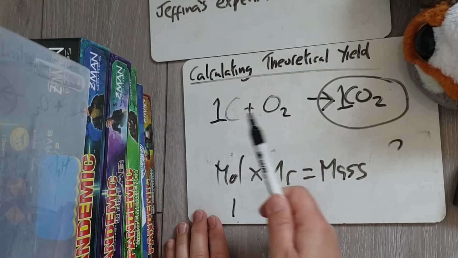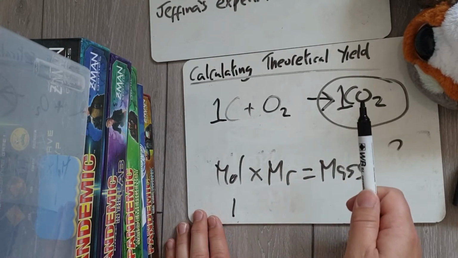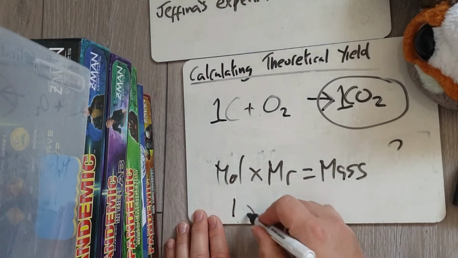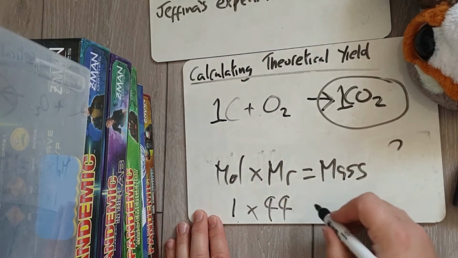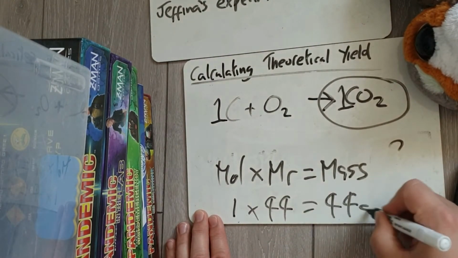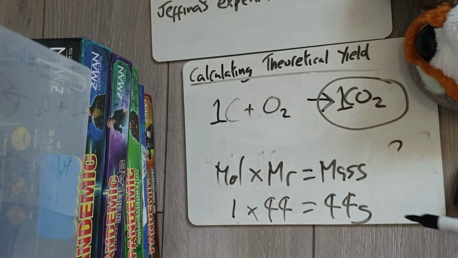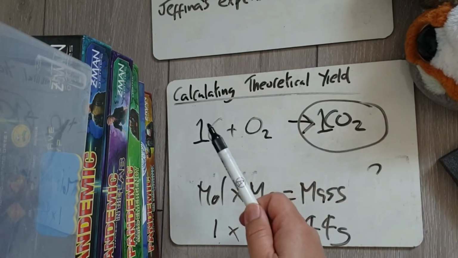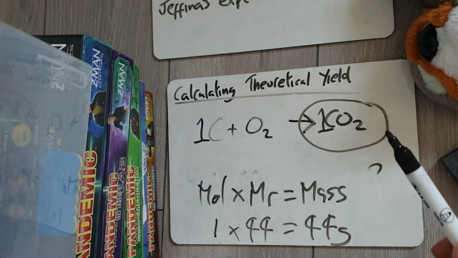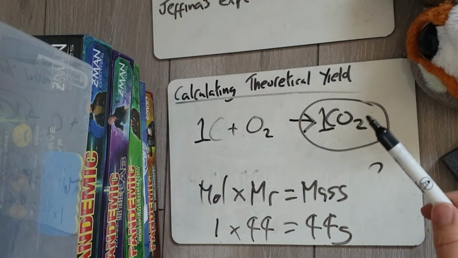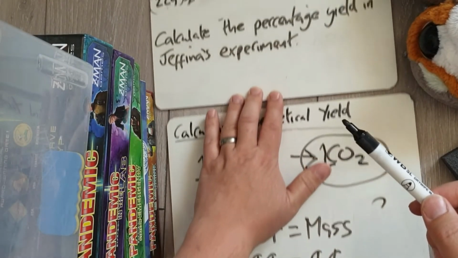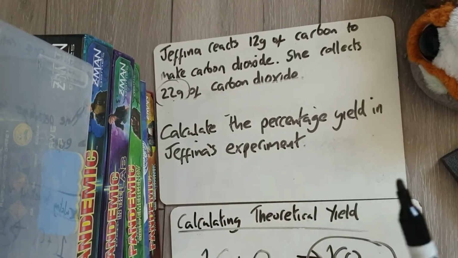This tells us the ratio is 1 to 1, so 1 mole of that would be 1 mole of that, which is where that comes from. The Mr of CO2 is 44, so 1 times 44 equals 44 grams. So this has given us our theoretical yield, the maximum possible. If you start with 12 grams of that, the maximum possible yield you could get would be 44 grams.